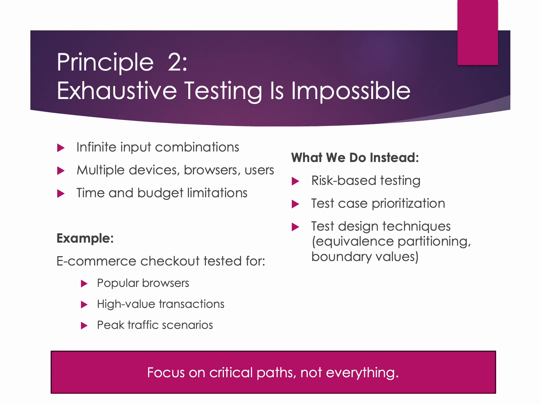The number of possibilities just explodes. So instead of testing everything, we test what matters most. For example, in an online shopping app, checkout, payments, order confirmation, those are far more important than testing every button color.